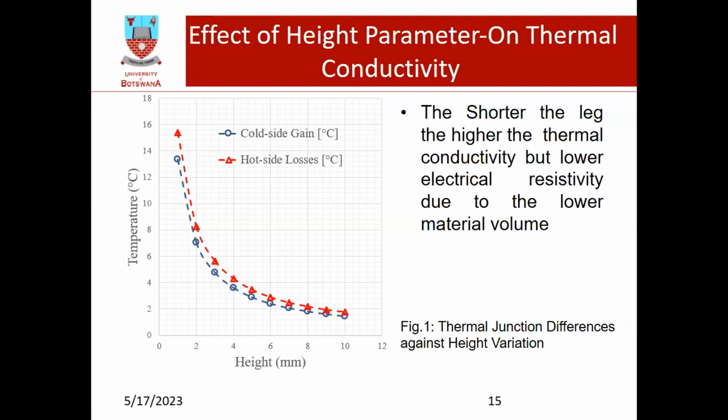The shorter the leg length, the higher the thermal conductivity, but lower electrical resistivity. This is contrary to what we want, because we would want something with a lower thermal conductivity and a lower electrical resistivity, because lower thermal conductivity allows the accumulation of heat, which allows temperature differences to stay the same.